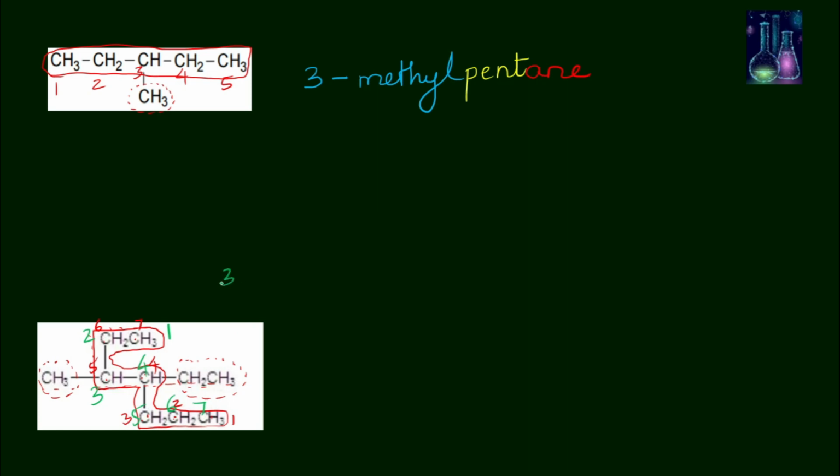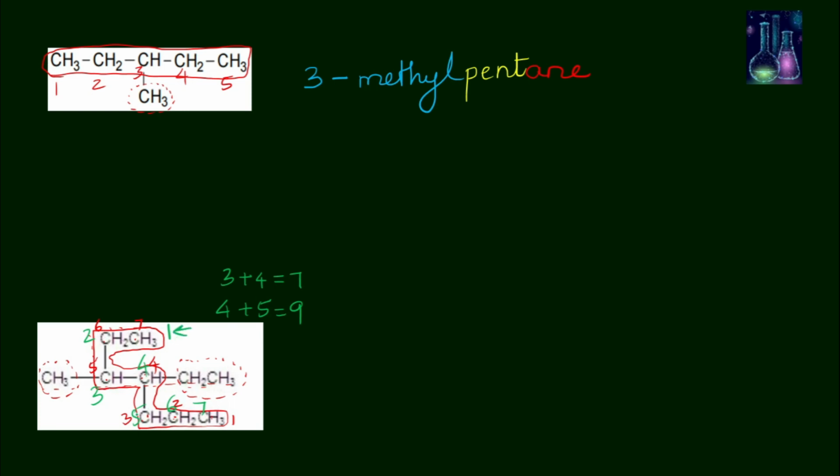So 3 plus 4 makes 7 and 4 plus 5 makes 9. The sum which gives me less is more preferable. So therefore I will start my numbering from this end.